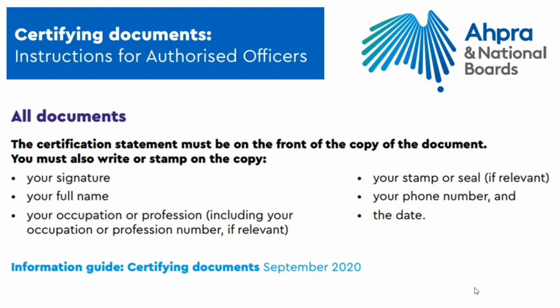You must also write or stamp on the copy your signature, the notary lawyer's signature, his or her full name, occupation or profession, stamp or seal, phone number, and the date. Okay, so these are the guidelines for certifying documents, which came out in September 2020.